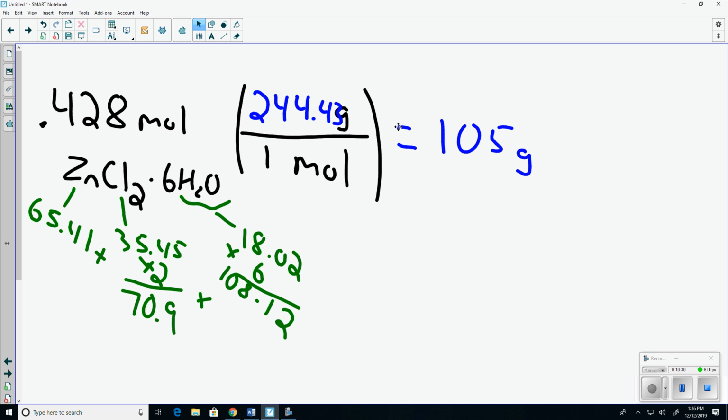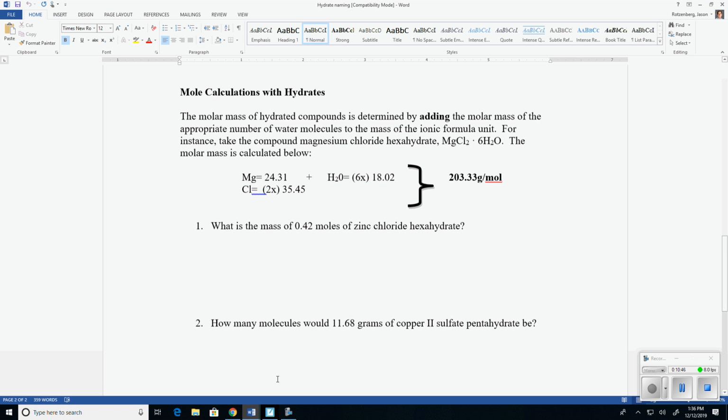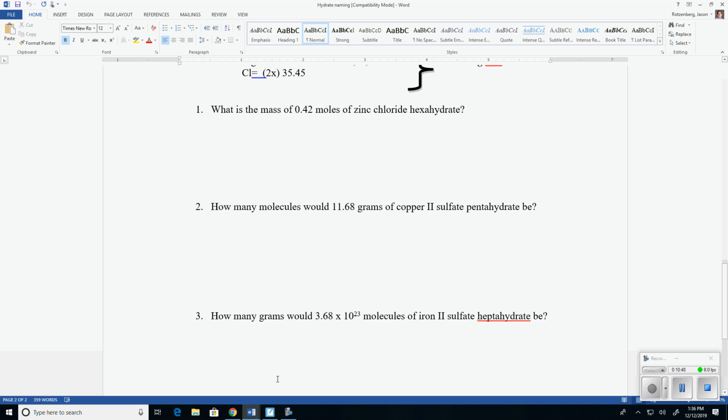Okay? So what I'd like you to do, and probably based upon time, we're only going to do one question on here right now. The good news is the homework isn't on hydrate naming and mole conversions. Let's have you try to do number 2 right now, where number 2 says how many molecules, that means we're going to have to use Avogadro's number at some point, would 11.68 grams of copper 2 sulfate pentahydrate be?